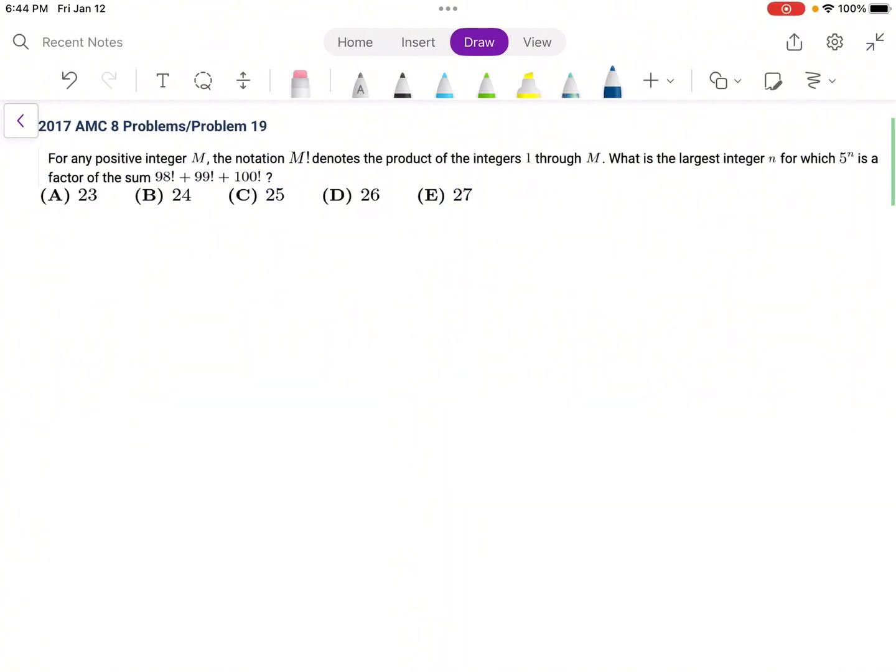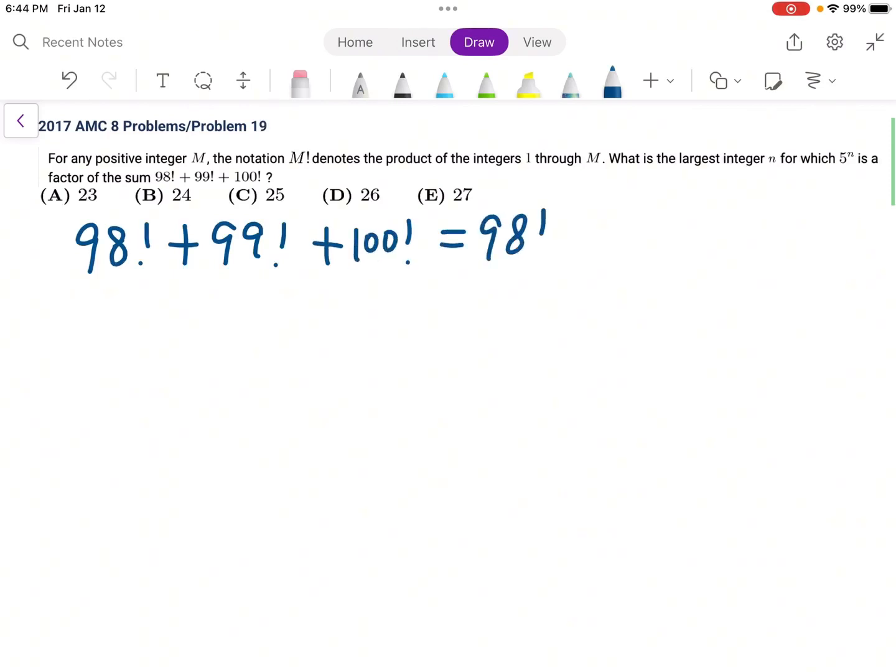Problem 19. In order to identify how many power of n is a factor of this expression, we first do some simplification to this expression. So 98 factorial plus 99 factorial plus 100 factorial equals 98 factorial multiply parentheses 1 plus 99 plus 99 multiply 100.